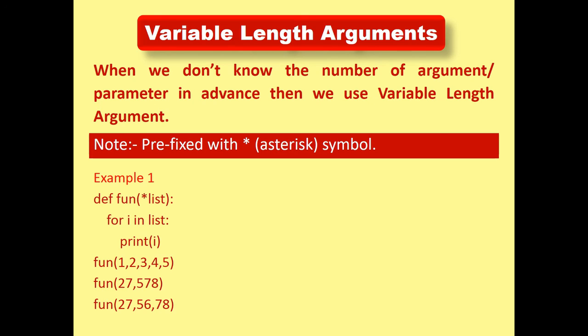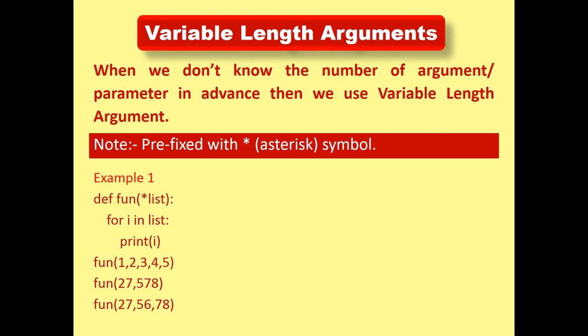After that, when we call the function fun a second time, 27 and 578 are stored in the list, then again these two numbers are stored, and the third time when we again call the function, 27, 56 and 78 are automatically stored in the list.